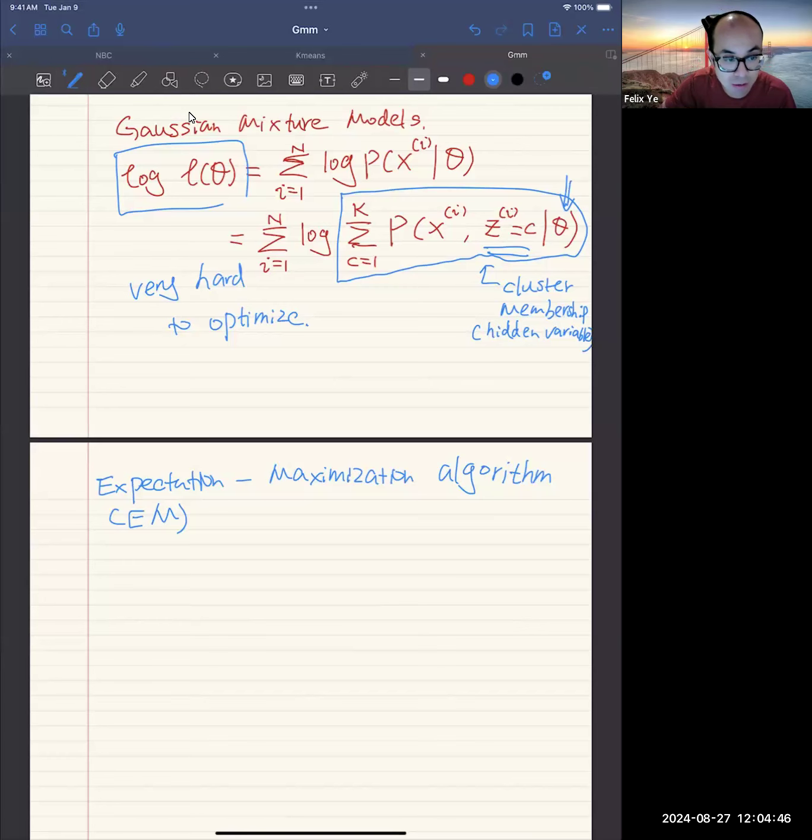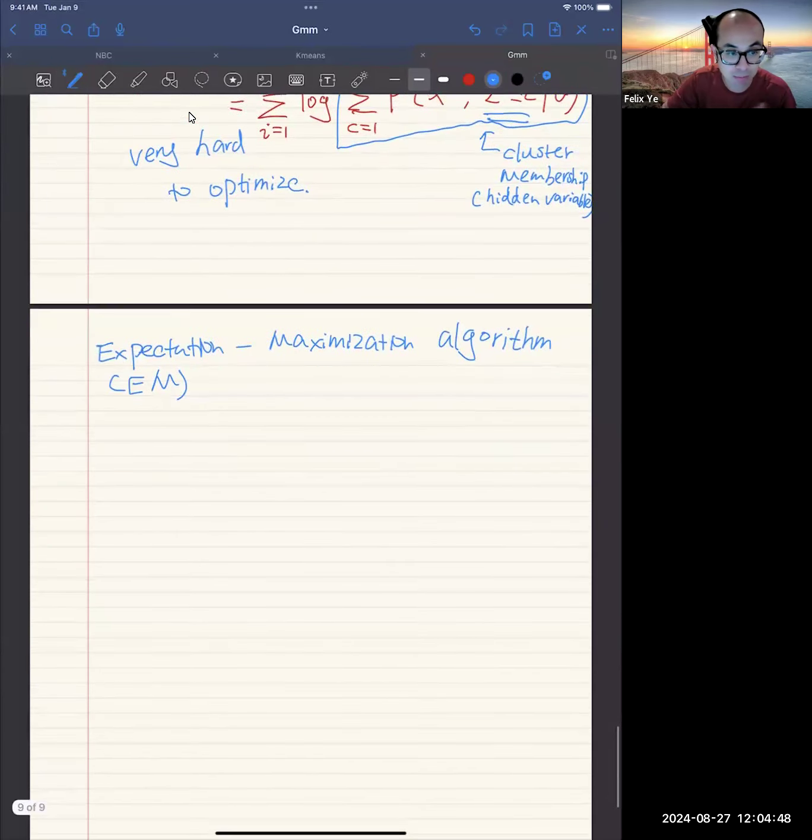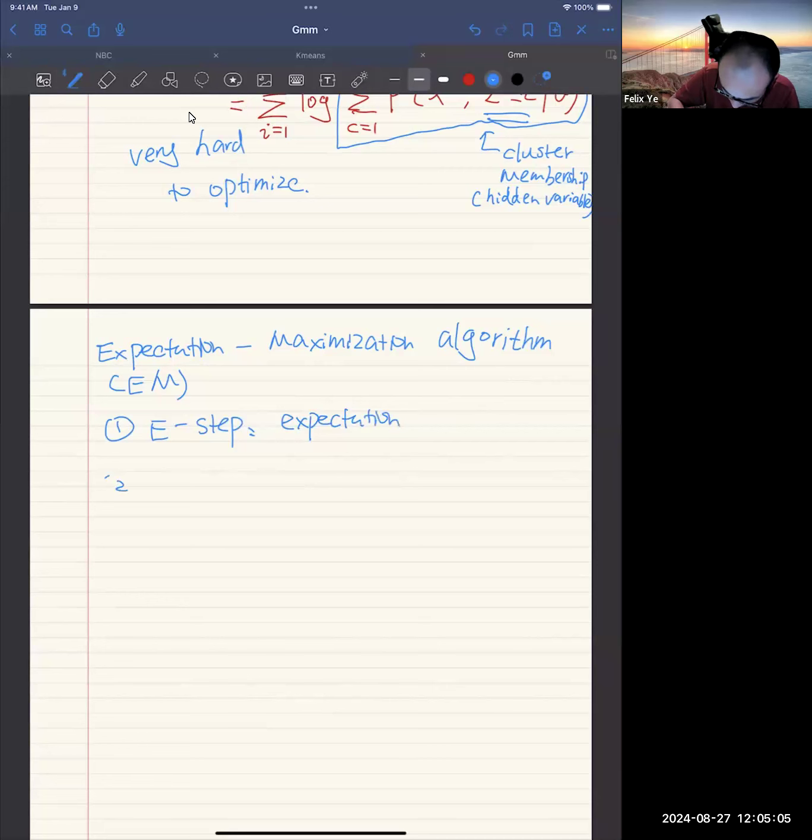We want to separate the whole optimization problem into two steps. The first step is called the E step, the expectation step. The second step is called the M step, the maximization step.